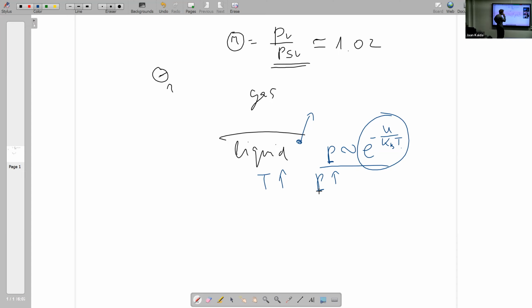But then we have another process, which is vapor molecules from the gas colliding with the liquid. The frequency of collision is proportional to the density of vapors.